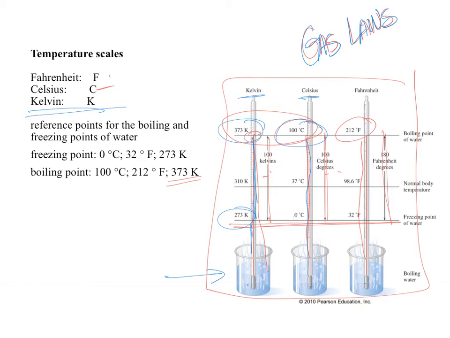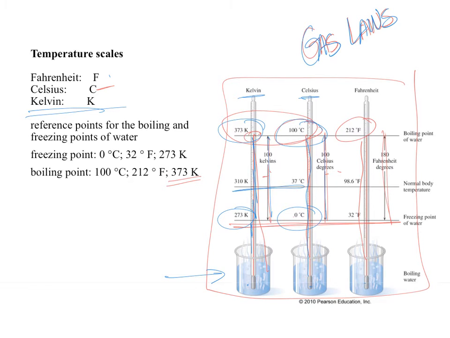Now, if I were to look at the freezing point of water, on the Kelvin thermometer, it'll be 273, and on the Celsius, it'll be 0. The difference between boiling and freezing on the Kelvin thermometer is 100. The difference between the two on the Celsius is also 100.